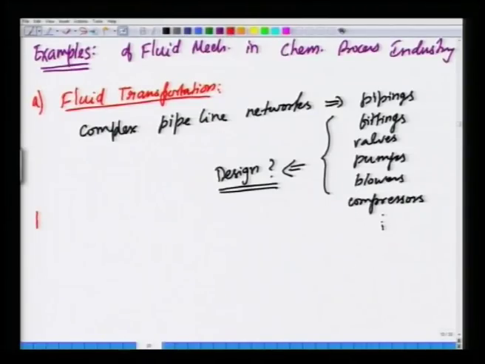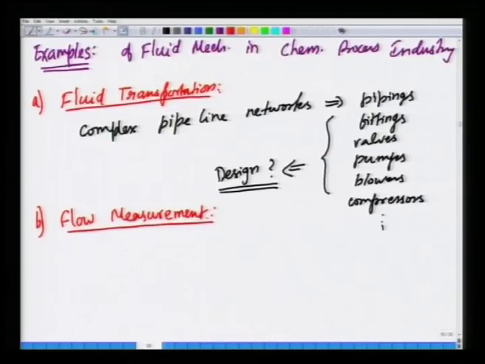So, the next point is flow measurement. Next application of fluid mechanics in process industries is flow measurement. By flow measurement, we mean the measurement of flow rates of streams as well as measurement of pressure in the chemical process industry.